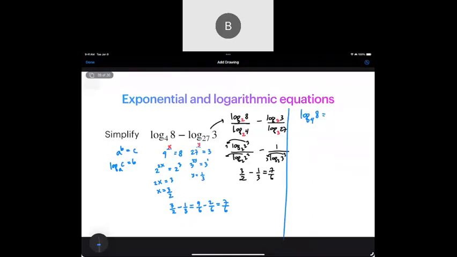Okay, we can write this first. This will be 2 with power of 2, and 8 is 2 with power of 3. Okay, I will write 3 over 2. And this log, I will explain later after this. You can write log 3 with power of 3 and 3 with power of 1, and this will be 1 over 3.